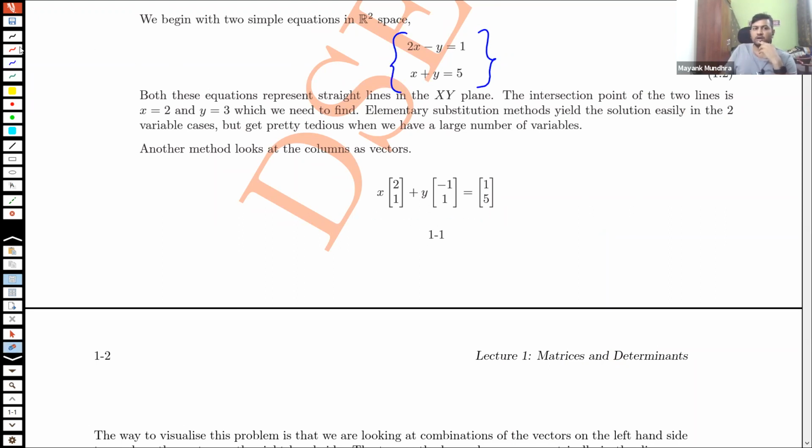When I write it in this format, the first equation is 2x minus 1y equals 1, 2x minus y equals 1. So that's the first line.